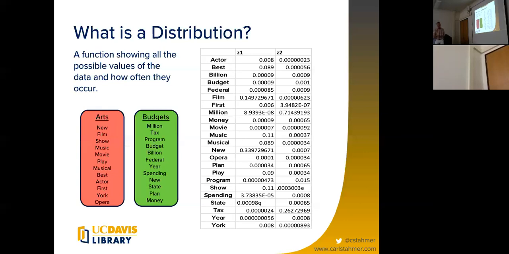When I sort this, and this again comes out of my tuning, I could get a curve that looks like this, with this as my top word, or I could get a curve that looks like that, depending on how I tune the probabilities.